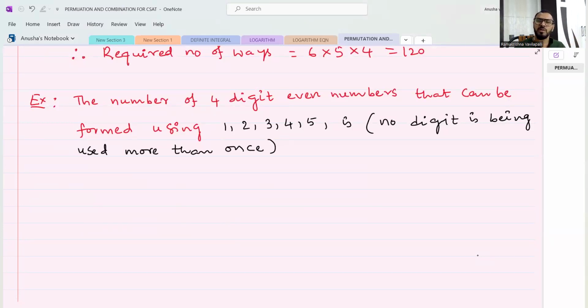We can form 4-digit even numbers, 4-digit odd numbers, 4-digit numbers divisible by 5, or 4-digit numbers divisible by 3. Any kind of question can be solved using a box method. So I want to find 4-digit even numbers.